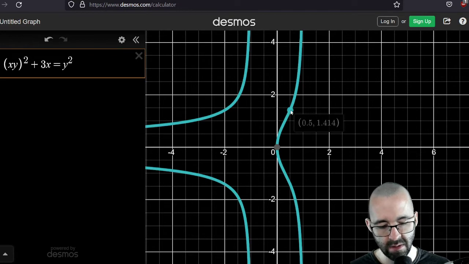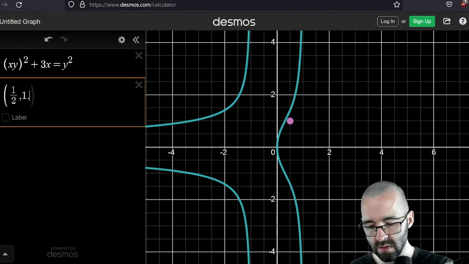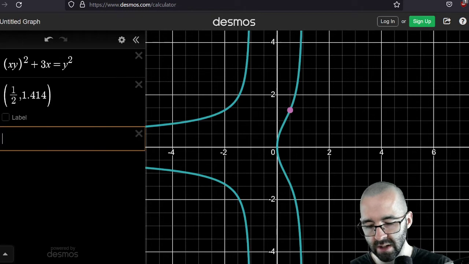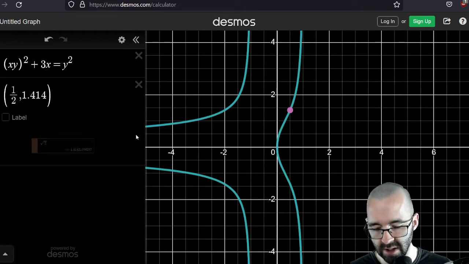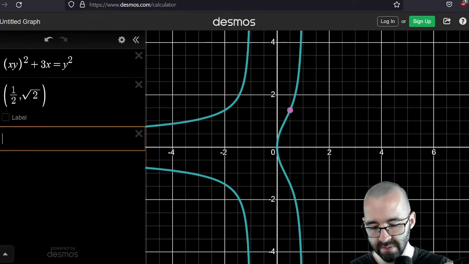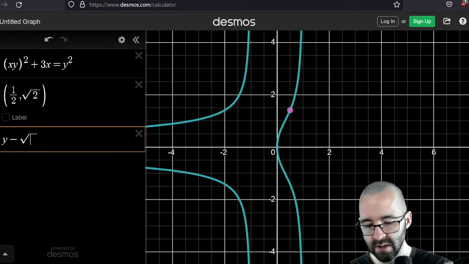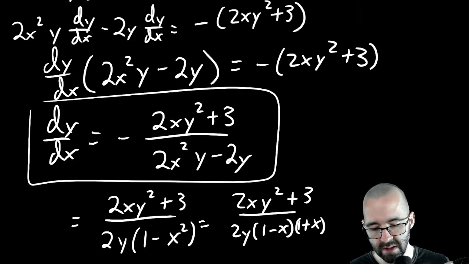Let's plot the point 1/2, 1.414. Wait, isn't that just the square root of 2? Yeah, I think it's actually probably exactly the square root of 2. Well, the tangent line is going to be y minus the y coordinate equals the slope, which is the derivative at this point.